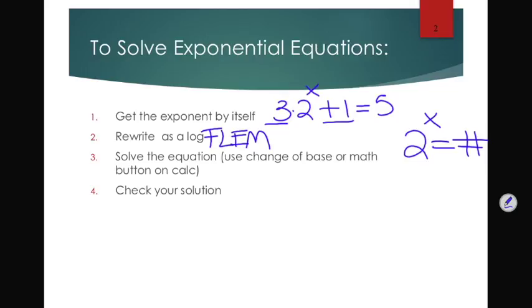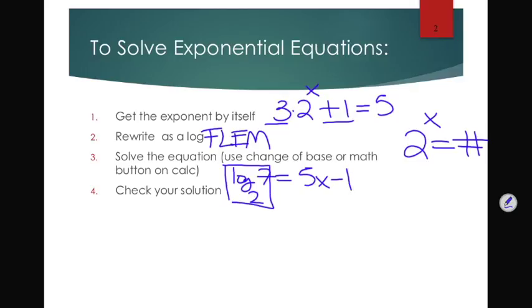So rewrite as a log using first, last equals middle. Solve whatever equation is left, and you're going to have something like log base 2 of 7 is equal to, I don't know, 5x minus 1.